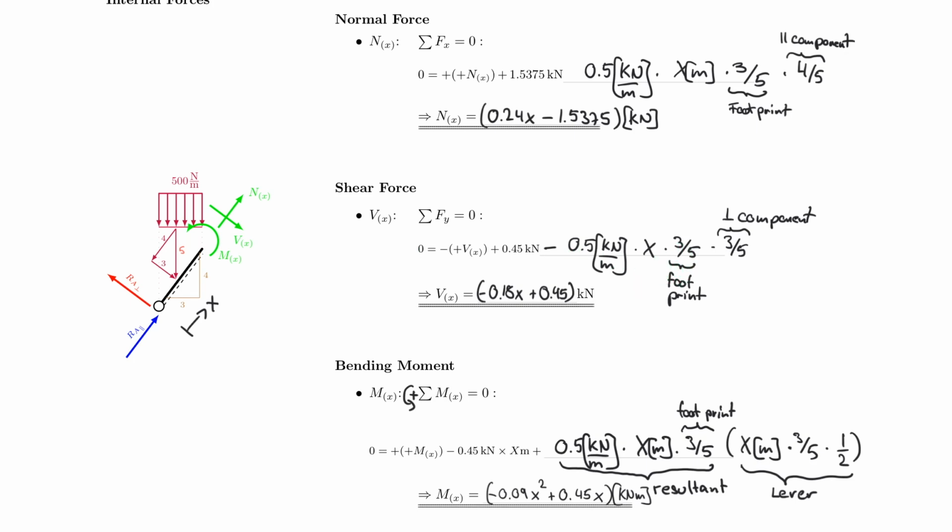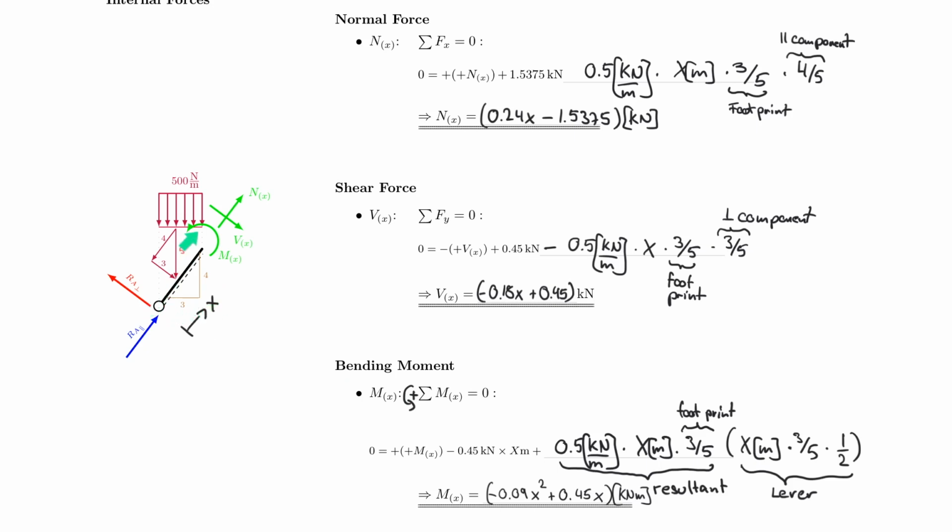And again, this logic is just extended for the moment calculation, where we used pretty much the same first component here. But then, because we are dealing with the moment, we can just take the sum of the moments about that point, which, of course, is x times half.